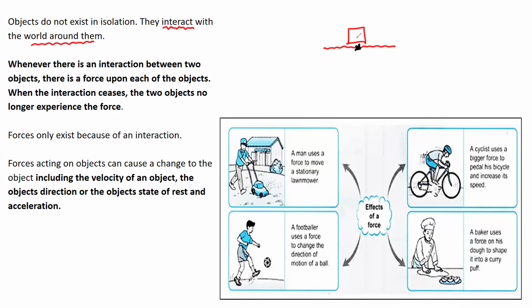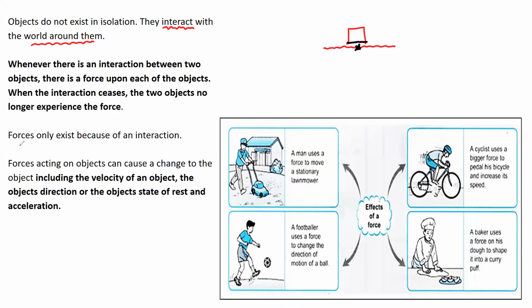There are also other forces available: the force of gravity, and if the object was moving, we'll speak about friction. The point is, objects do not exist in isolation. There are forces that are available.